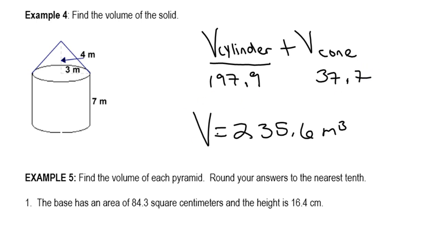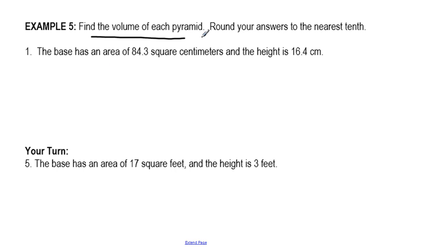Okay, and finally, to find the volume of the pyramid where it has values given to us, the base has an area of 84.3 square centimeters and the height is 16.4 centimeters. So the volume of a pyramid is 1/3 the area of the base times the height. So this time they gave us the area of the base. It was 84.3.